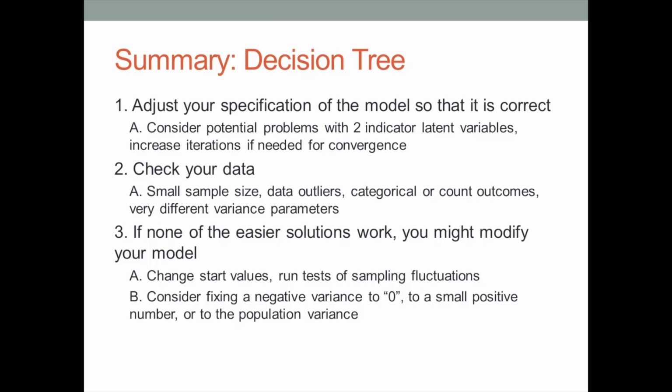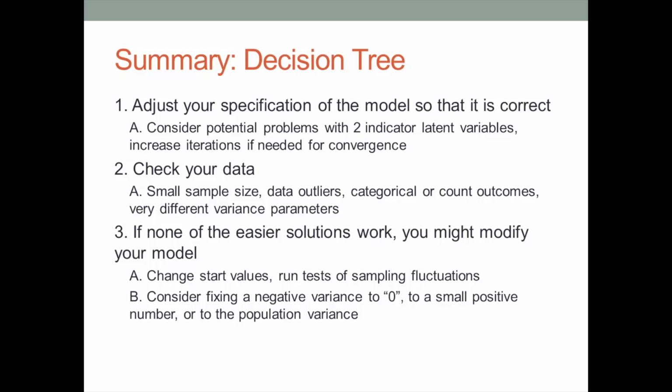Here's my decision tree. Adjust your specification so it's correct. Consider potential problems with 2 indicator latent variables. Increase iterations if needed for convergence. If that doesn't solve the problem, then check your data. Look at sample size, outliers, categorical count outcomes, or very different variance parameters.